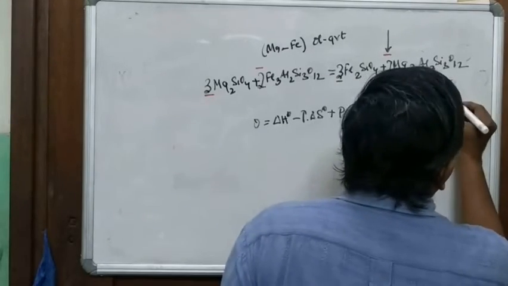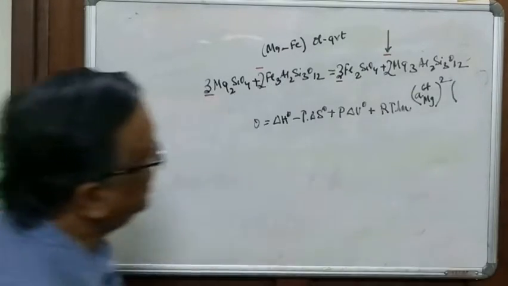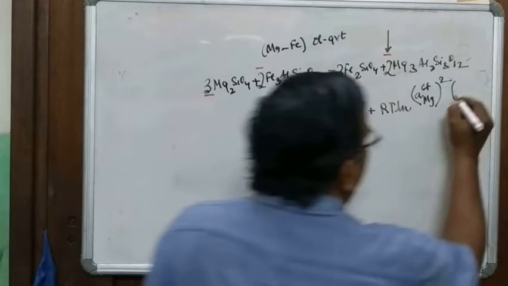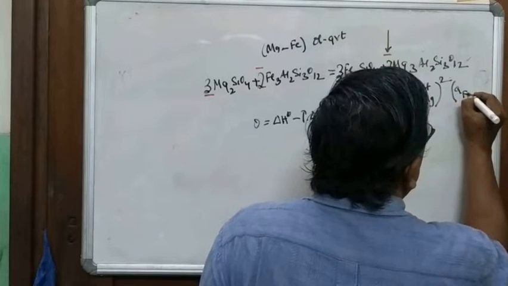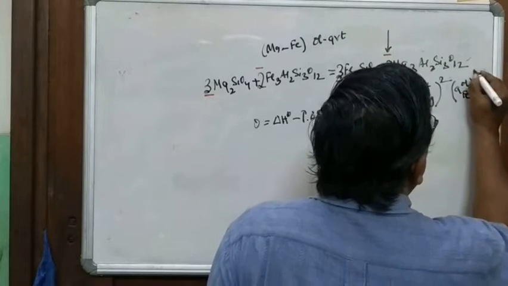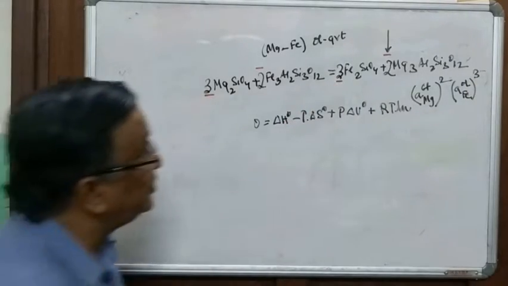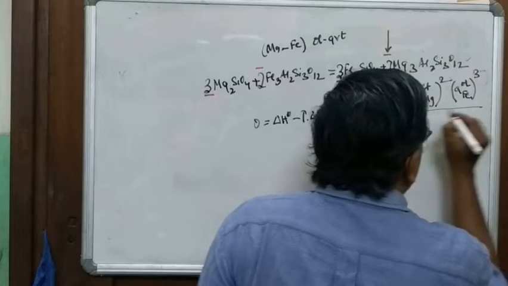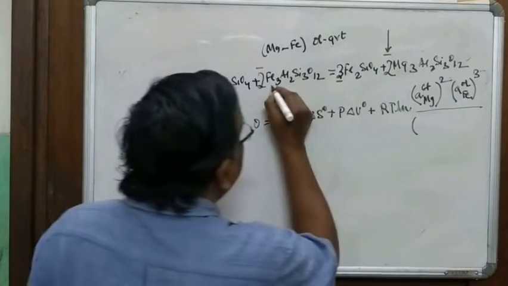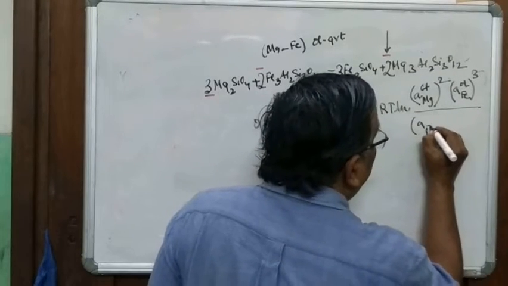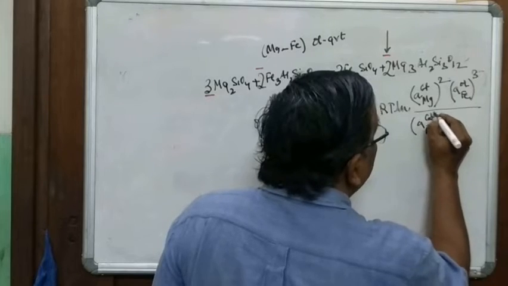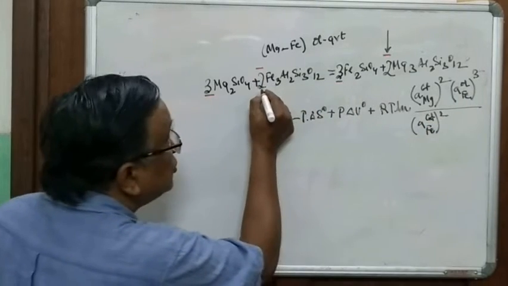And here next will be activity of Fe in olivine whole cubed because of the stoichiometry cubed. And then again at the division sign, activity of Fe in garnet whole squared, stoichiometry.